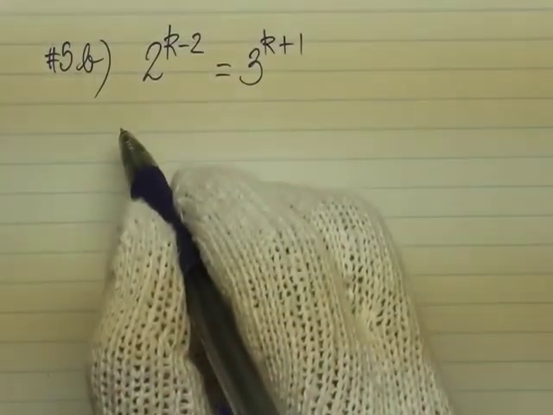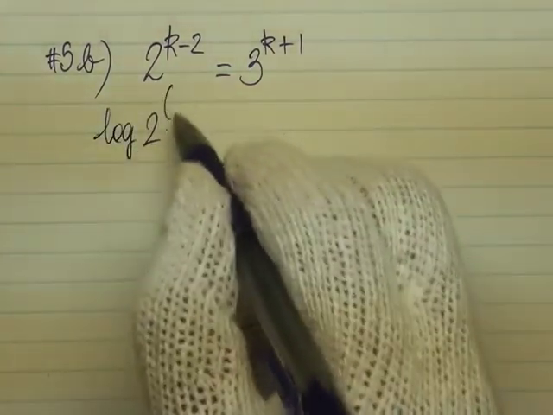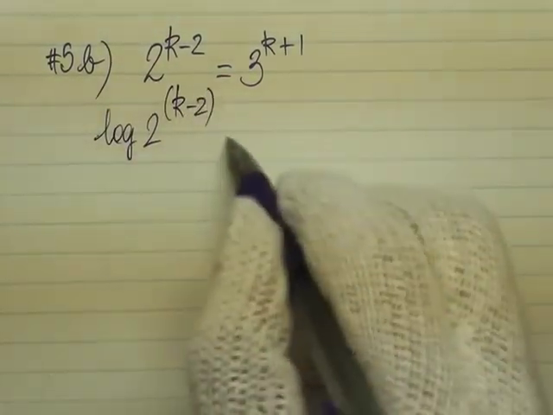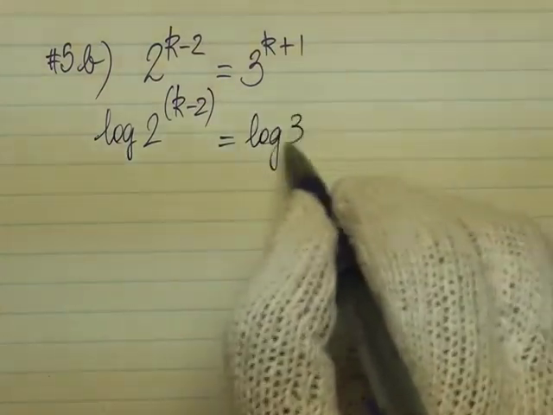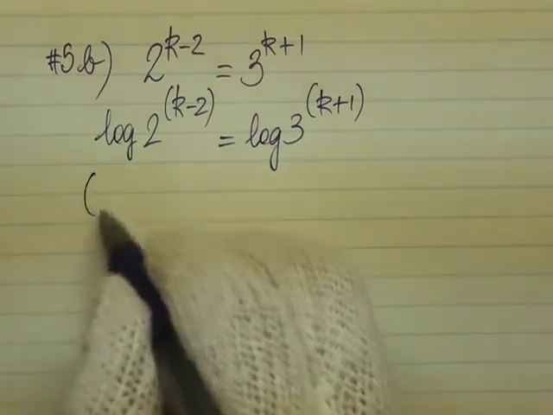So I'm going to take the log of both sides. So it's going to bring the exponents down in front.